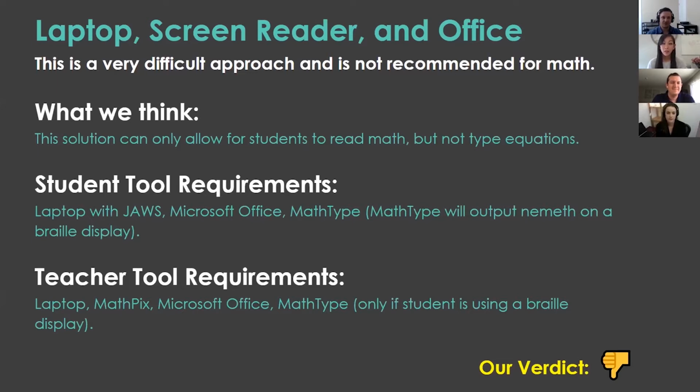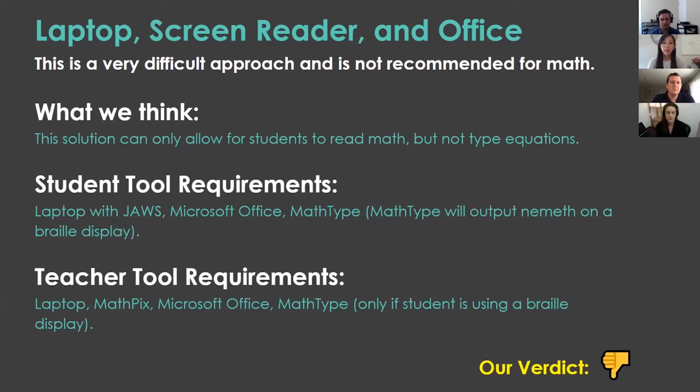As you have all experienced with CAASPP testing, math has been the hugest pain point in testing, right? We still had to emboss every single math question when doing SBAC testing. What we think, in our experience so far, is that we've been able to get it to read math properly, but we were not able to input or type equations in Nemeth using a Braille display.